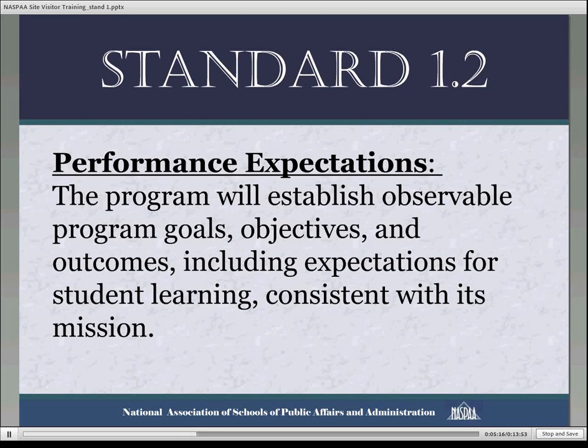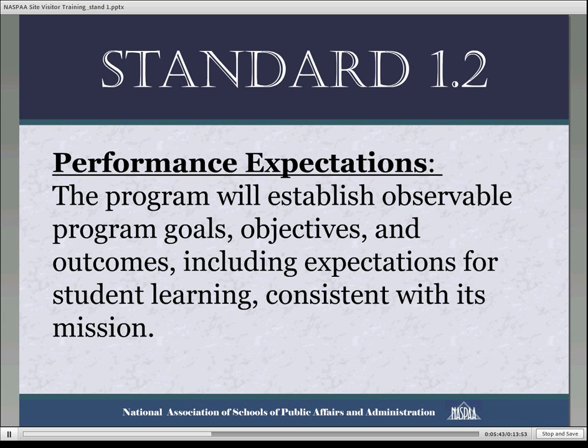Now, the standard 1.2, in there you're looking for evidence that the program is not just sort of talking in very broad generalities and platitudes, but that as part of what it says its strategy is, it's going to think about how it will know that it's achieving that strategy, what's observable in terms of its program goals and its objectives and the outcomes.